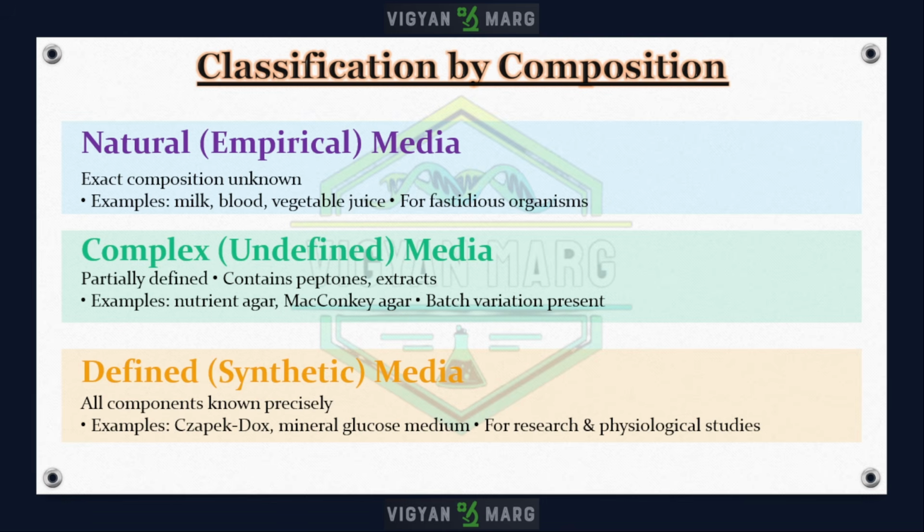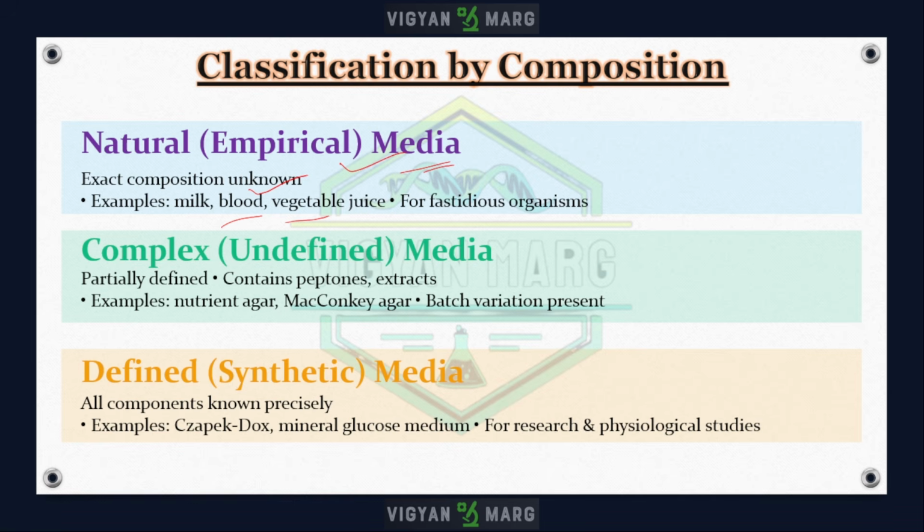Next, one way to classify culture media is by their chemical composition. First, we have natural or empirical media. Here the exact chemical composition is not fully known, and they are prepared from natural materials like milk, blood, meat extract, and vegetable juices.